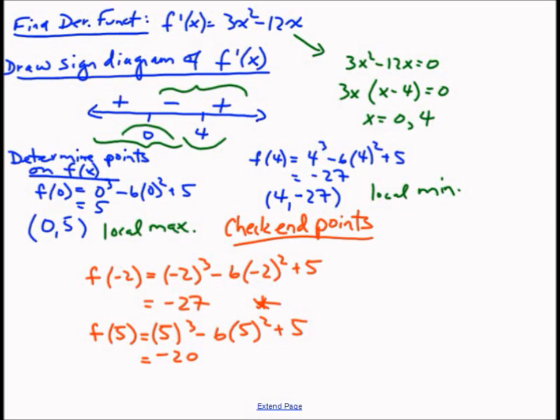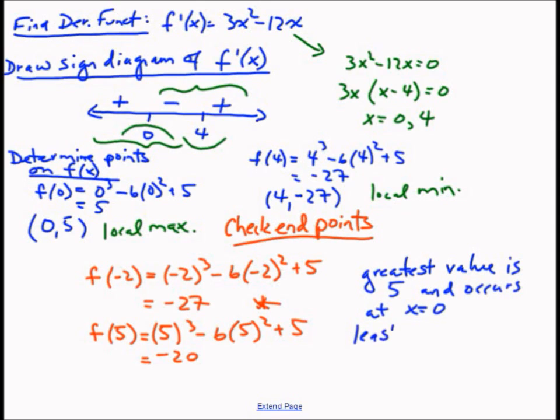Okay, so to answer our question, find the greatest and least values of this function on that interval. We say that the greatest value is 5 and occurs at x equals 0.